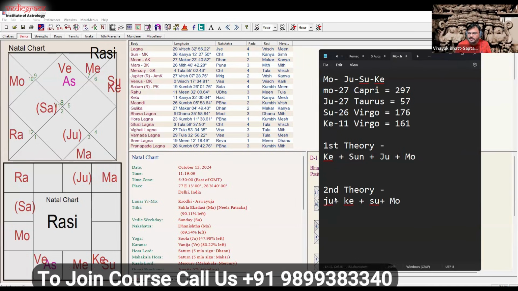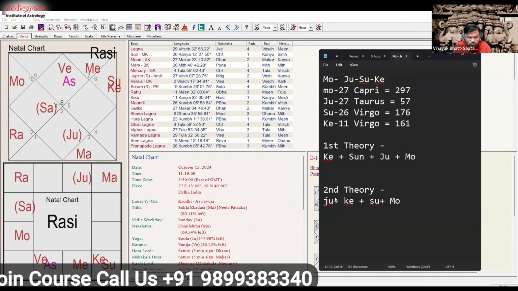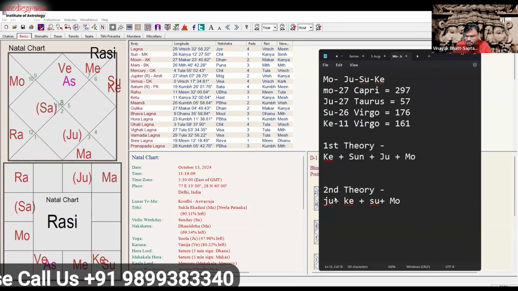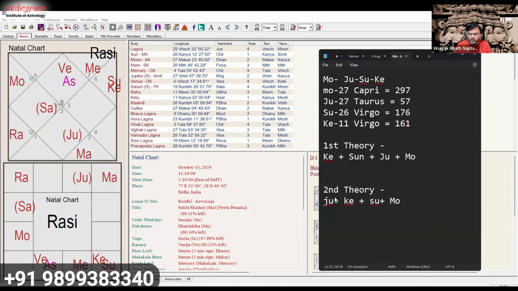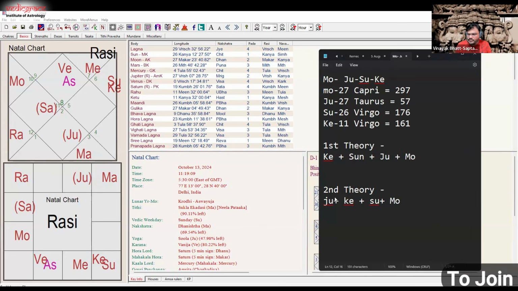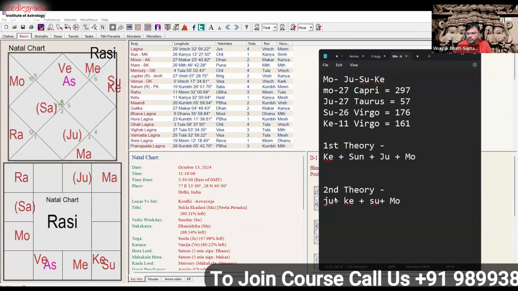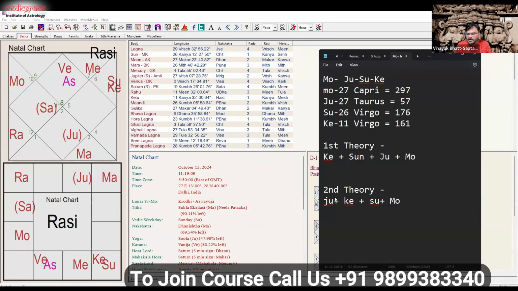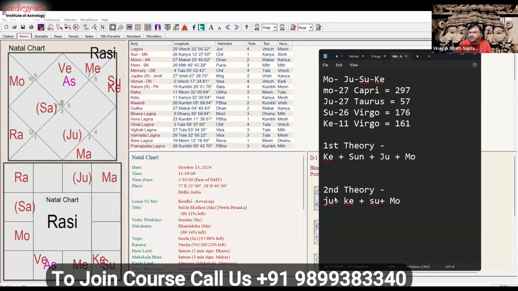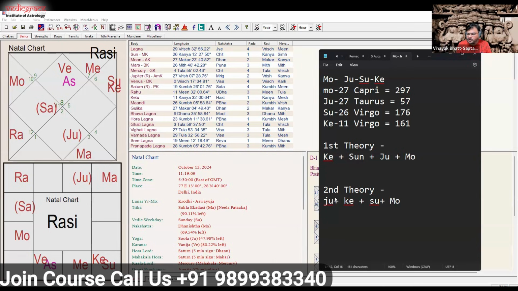We can't ignore the basics of Jyotish. If you use zodiac signs, then use them logically and completely. It's not that right now I want to use zodiac signs, so I'm using them, but if the zodiac sign is not fitting in my theory, I will change it according to my need.